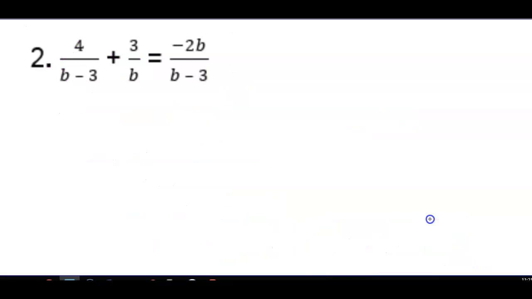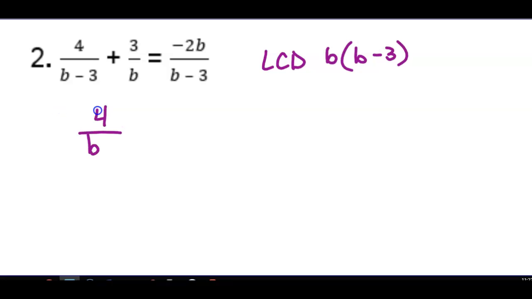All right, number 2. Common denominator here needs both a b and a b minus 3. So I'm going to write it out on this one. I'm going to write all 3 parts of this problem.